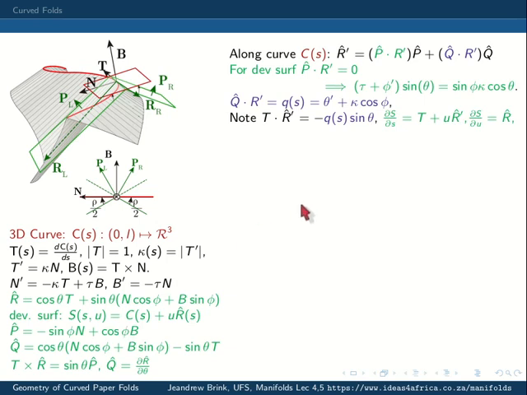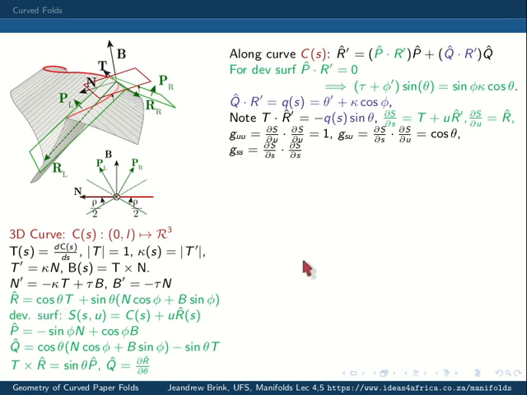Okay, so once we have that, we can work out the metric. The metric G_UU is just ds du dotted in with ds du, so it's r dot r, which is 1. G_SU is just ds dotted in with ds du. r dotted in with r prime is 0, so we simply have r hat dotted in with t, and that is just cos theta.